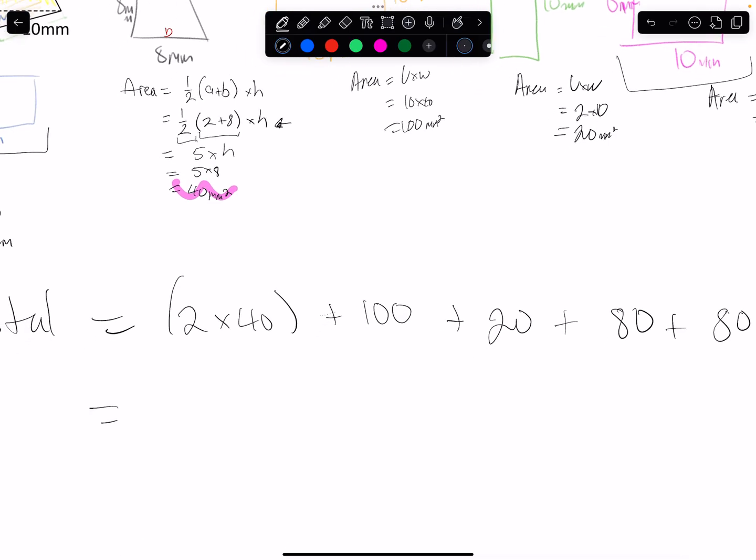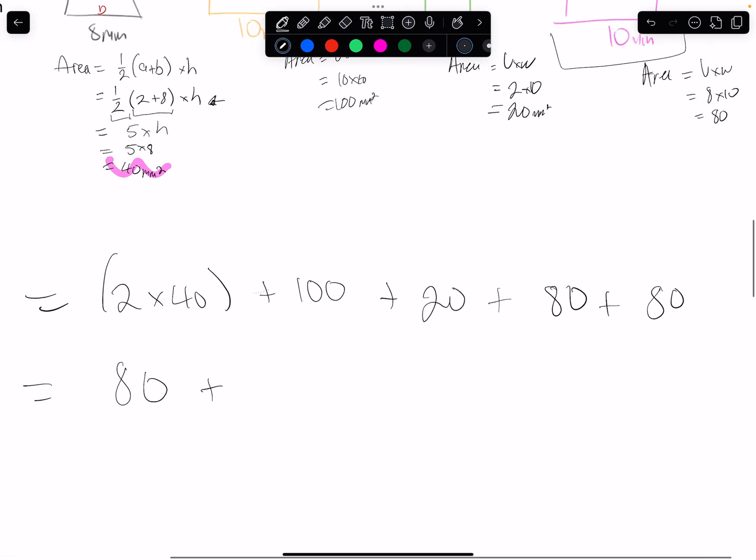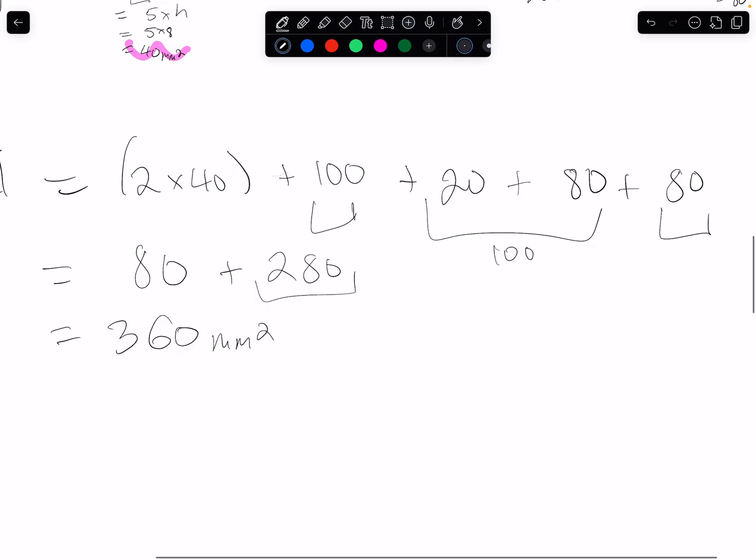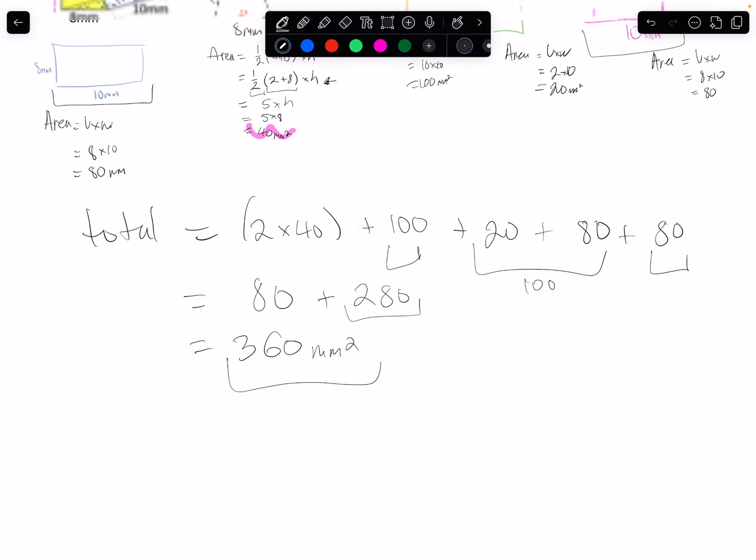So 2 times 40 is 80 plus 280, 360 millimeters squared. All right. Now I just got this as 280 in case you wanted to know. Here and here is 100 plus 100 is 200 plus 80 is 280. 80 plus 280 is 360.